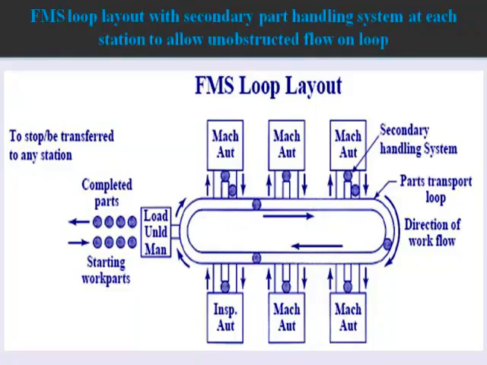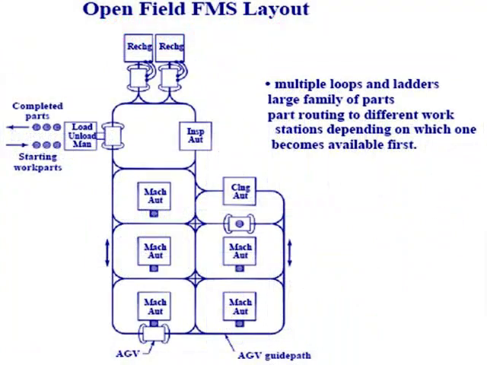Normally, the material handling devices used in this kind of layout are AGVs. AGVs are best to use as material handling devices here. Since the AGV is used as the primary material handling device, we have to use a robot as a secondary material handling device. Robots will pick the parts from the AGVs and place them on the machines.